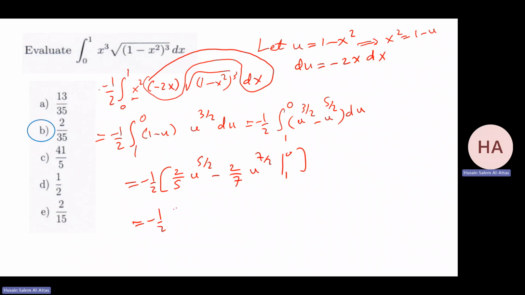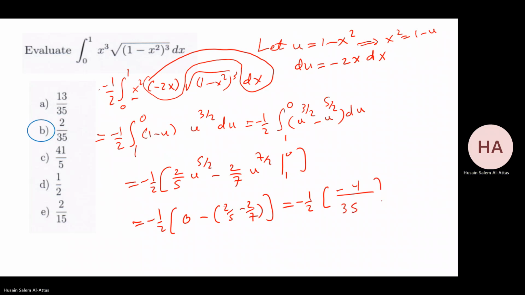That will be minus half times 0 minus 2 over 5 minus 2 over 7. So that gives me minus half times what? 14 minus 10. That will be minus 14 minus 4 over 35. That gives me 2 over 35. Which is this answer. That's a matter of calculation.